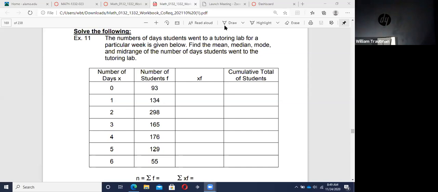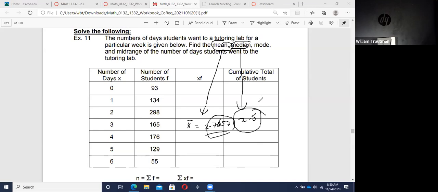So I'm just going to write it down. The median of this data was 2.5, and the mean of this data, the symbol for mean is x bar, is 2.7657, depending on how many decimal places they want you to take it to in the homework.